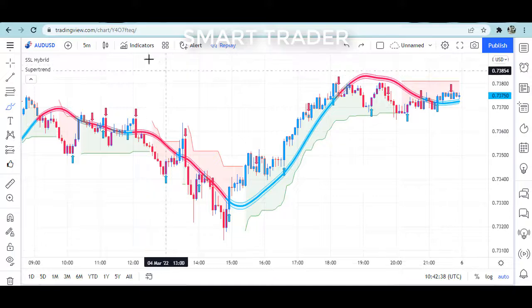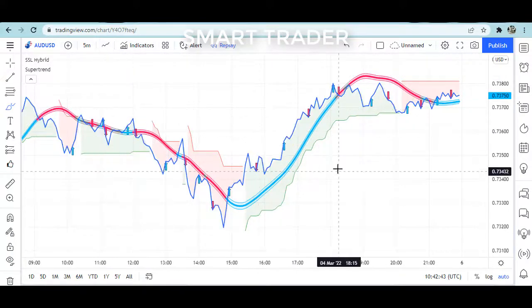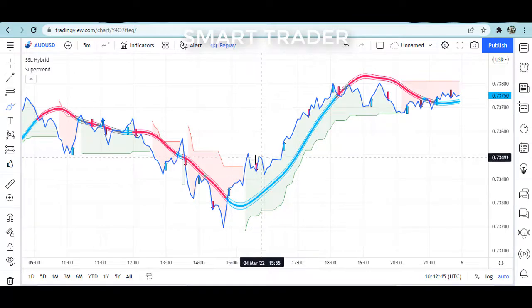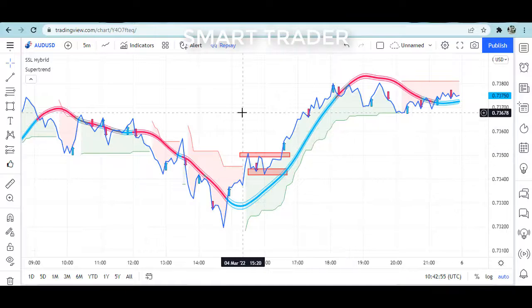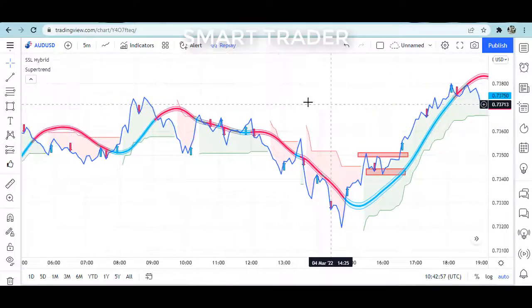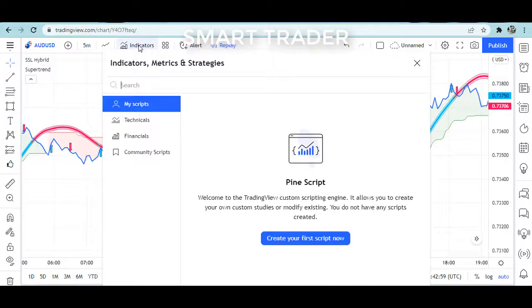And for ease, you can change to the line chart. Watch the swing high and swing low to identify the trading range like this. Okay, yes, very simple and very effective.